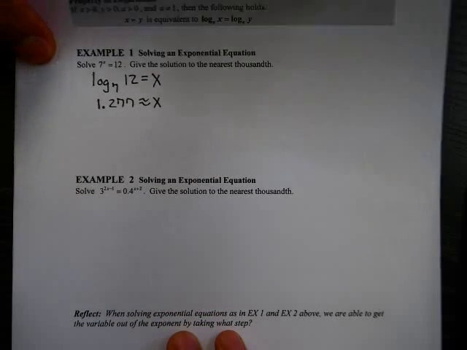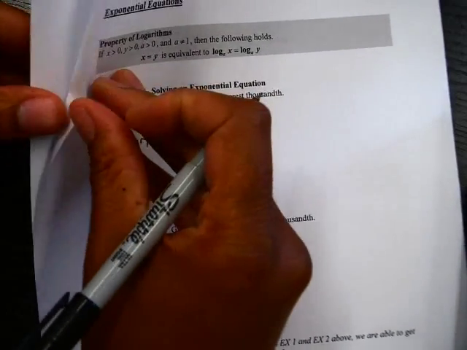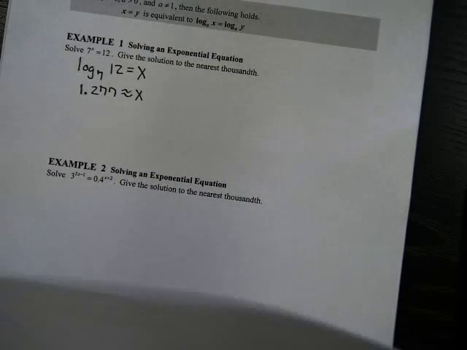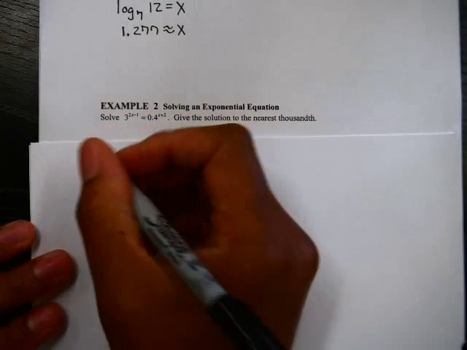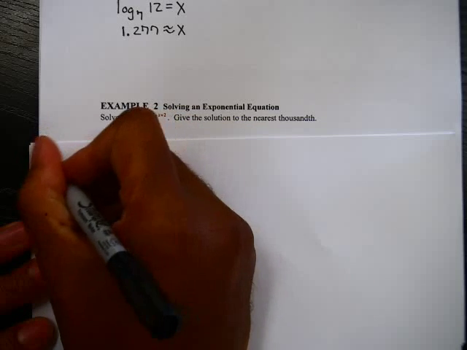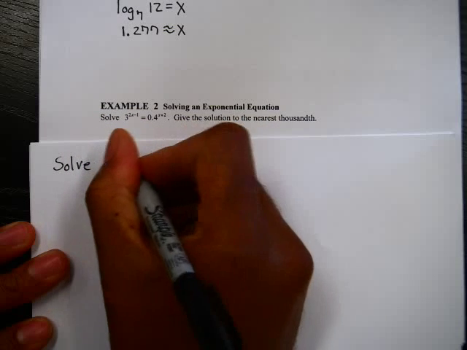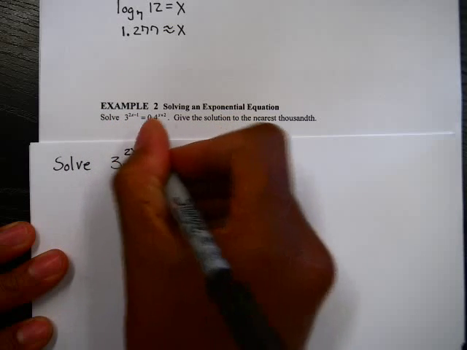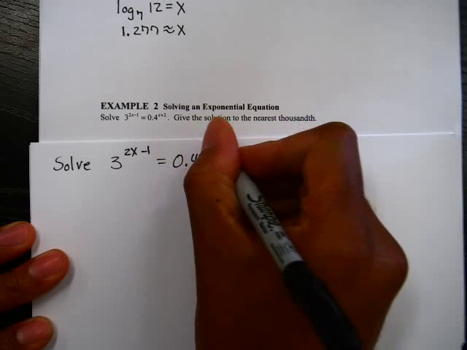For this problem, I would need my own sheet of paper, so write this problem again and work it out. So we have to solve 3 to the 2x minus 1 equals 0.4 to the x plus 2.